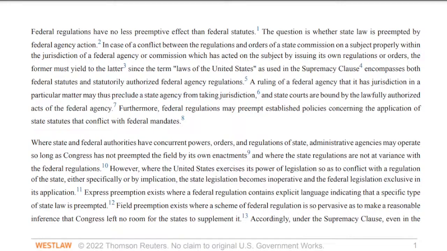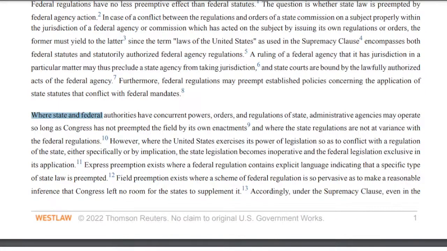Okay, so a ruling of a federal agency that it has jurisdiction in a particular matter may thus preclude a state agency from taking jurisdiction, and state courts are bound by the lawfully authorized acts of the federal agency. Furthermore, federal regulations may preempt established policies concerning the application of state statutes that conflict with federal mandates.